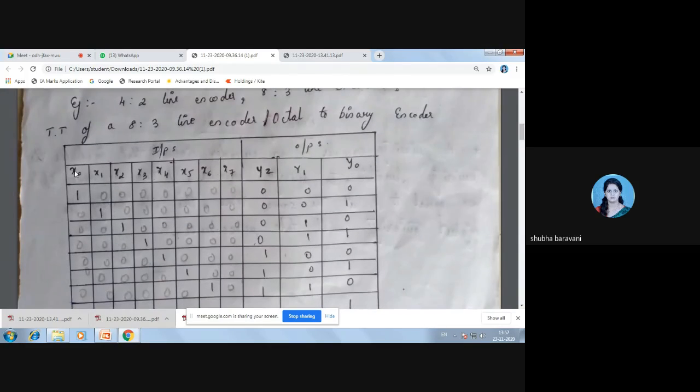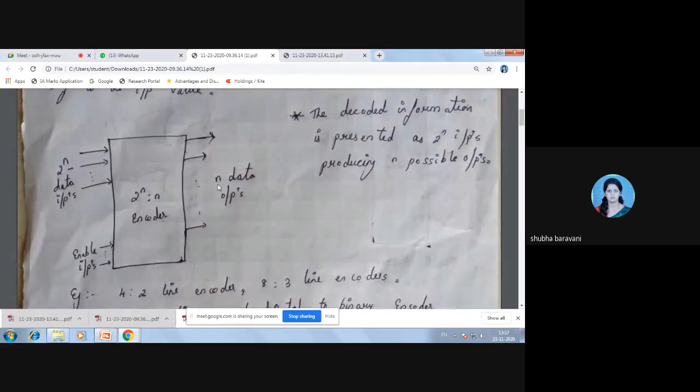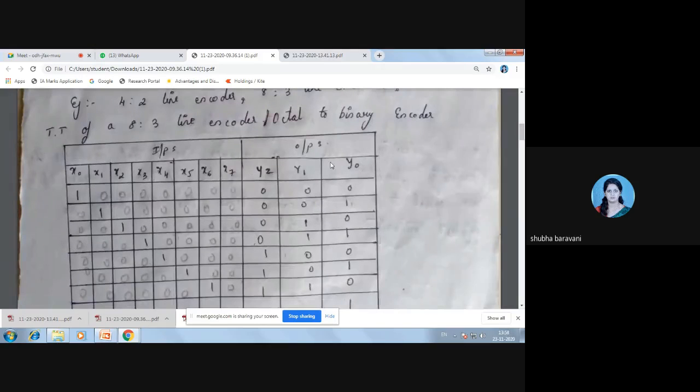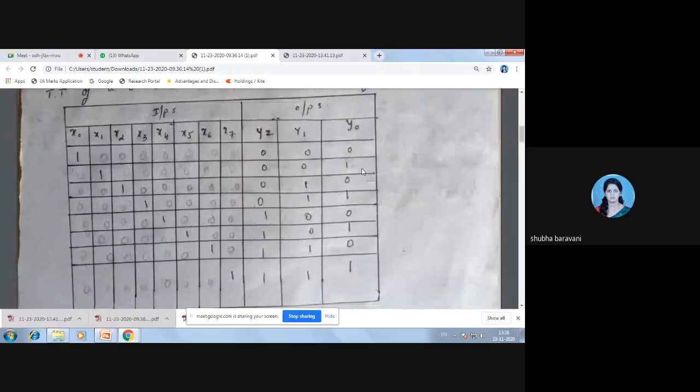If there are 8 input lines, it means 8 is 2 power 3, so the output will be n, which means I have 3 outputs. Understanding? You all are understanding?